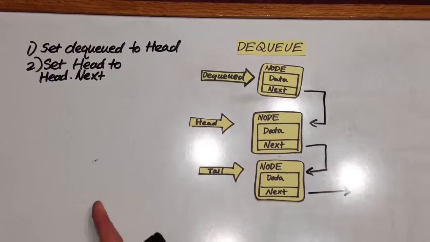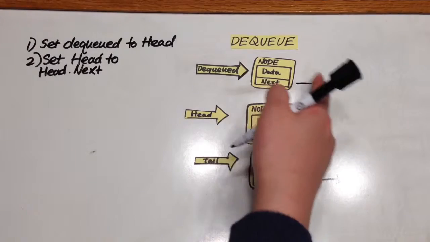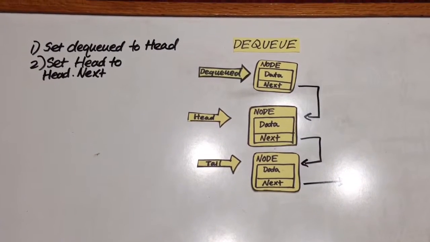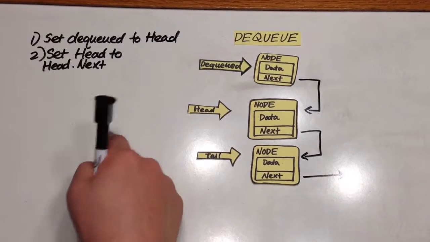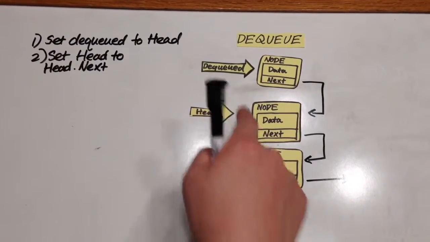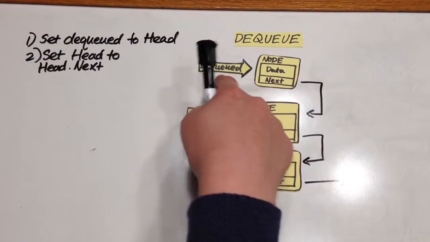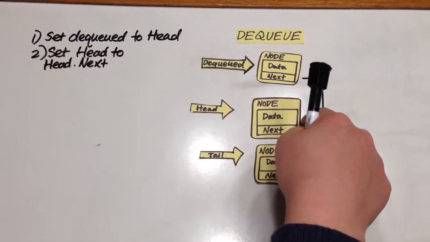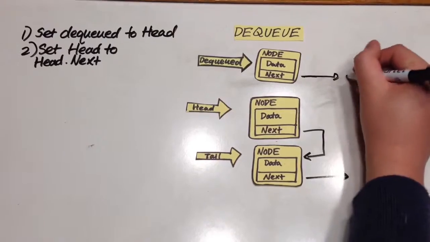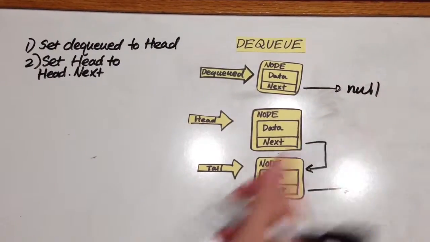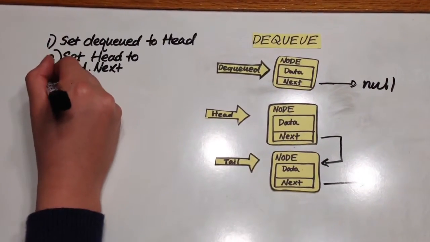And then I want to disconnect the arrow between these so it's removed completely. So I'm going to set dequeued.next, so this arrow, to null. So it's removed from the queue.